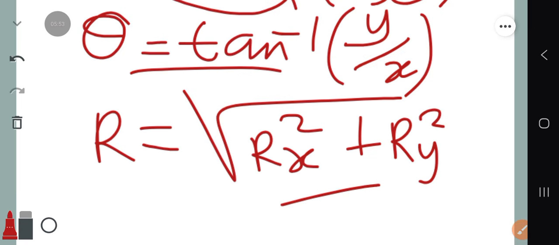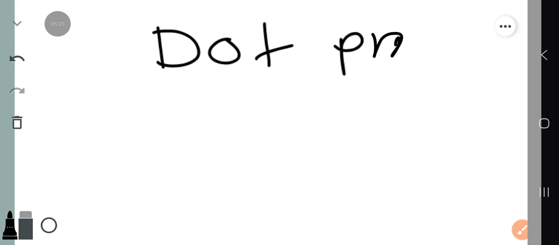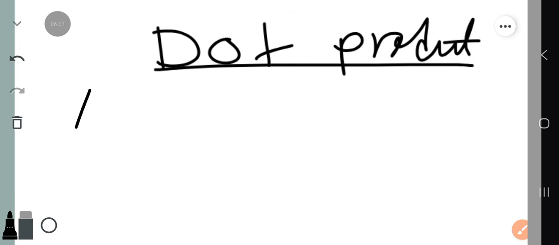All right, so now let's talk about the dot product of a vector. Let's say we have vector A. Remember, a vector is denoted by putting an arrow on top.